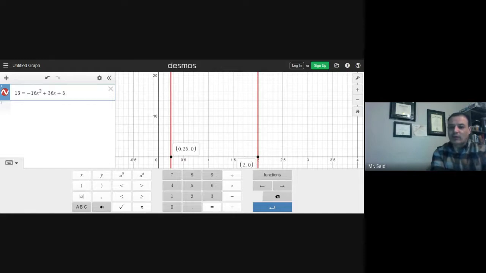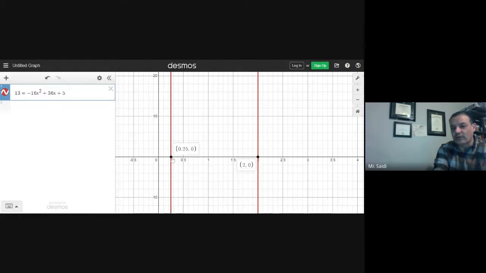the question says, suppose the ball is caught 13 feet above the ground on its way down by a student. How long is the ball in the air? This 0.25 is a quarter of a second, which is super quick, so this answer doesn't make sense.